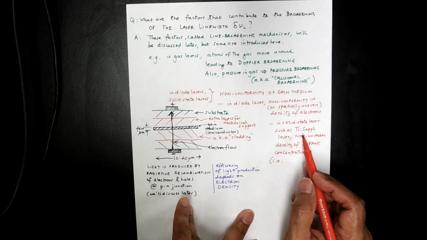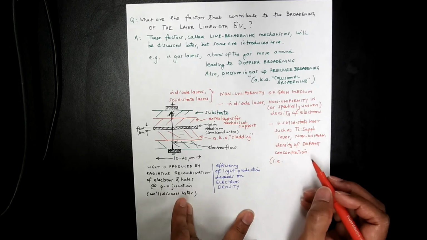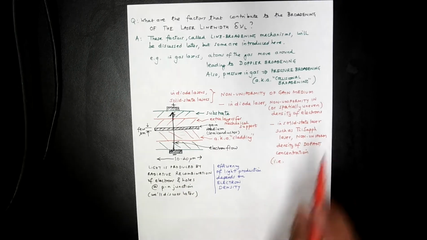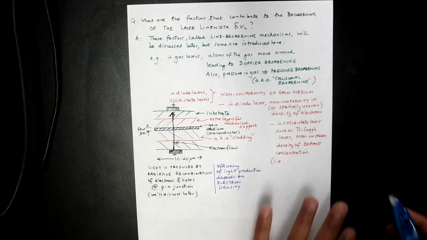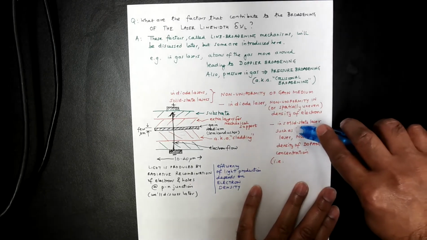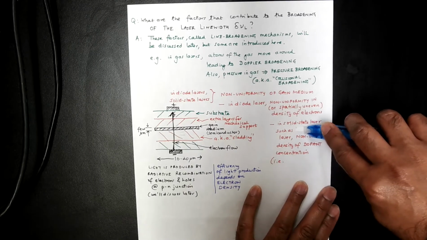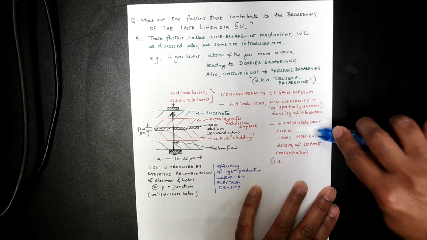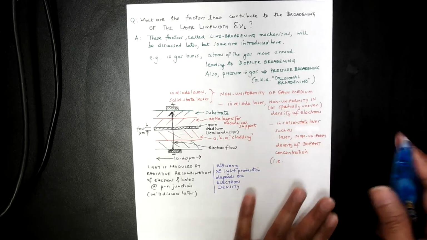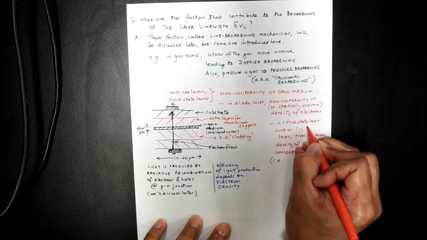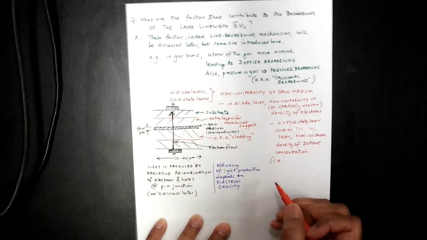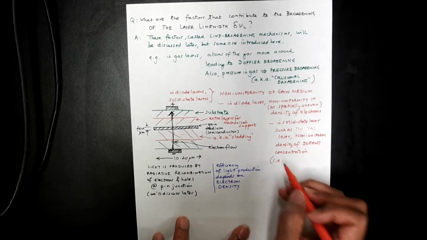I want to say, well, instead of TiSAF, let's do neodymium YAG, because I remember that one. Okay, so such as the Nd:YAG laser. Okay, and there the density of dopant concentration. What was the dopant?